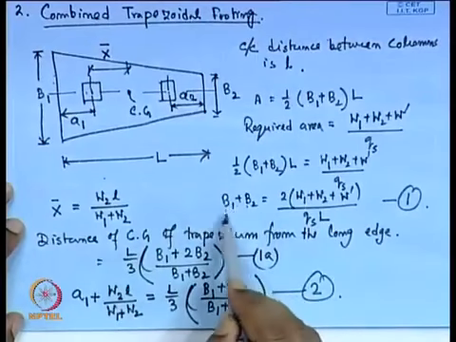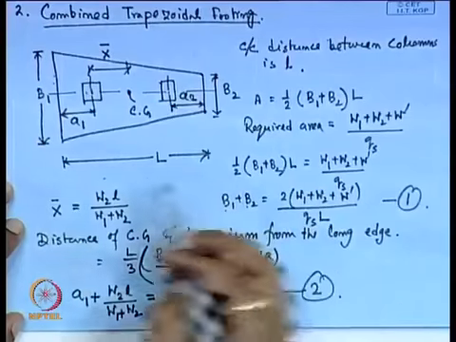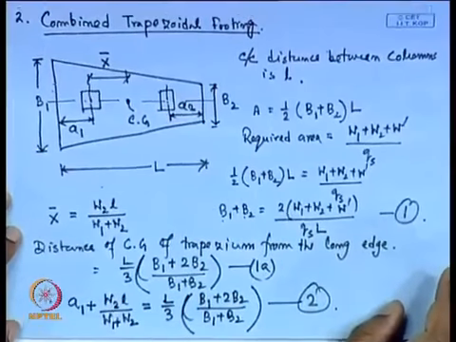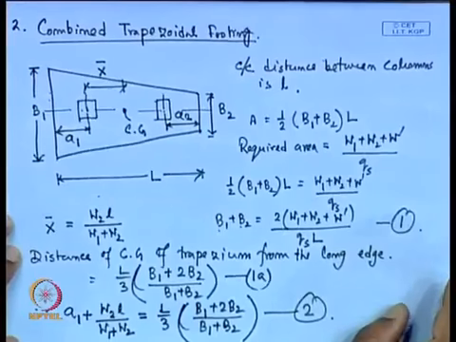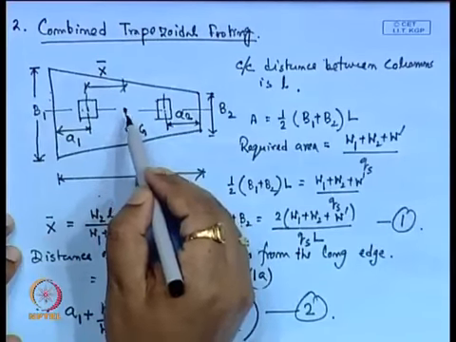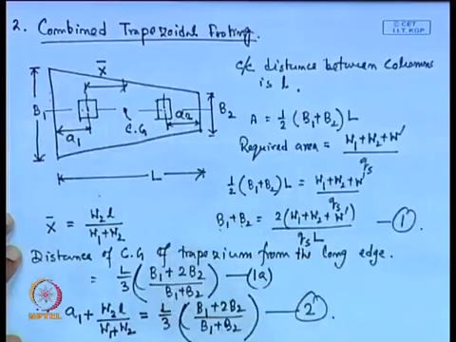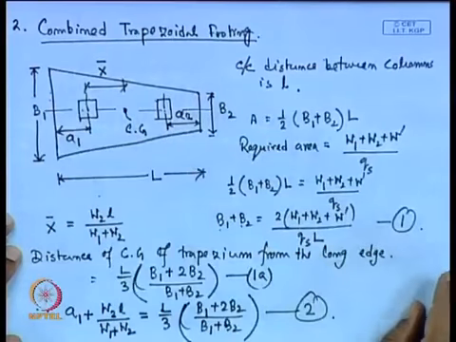So, that means we have to assume two values to determine the two other unknowns. So, in this way we have to determine the dimension of this trapezoidal footing. Here also the resultant force is acting at the C G of this trapezoid. So, in this way we have to determine the dimension of the footing.